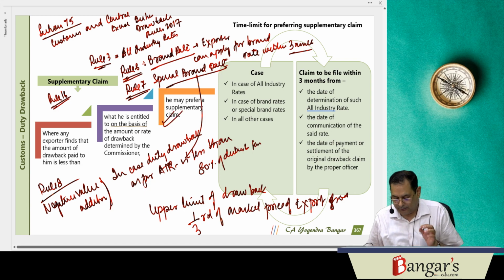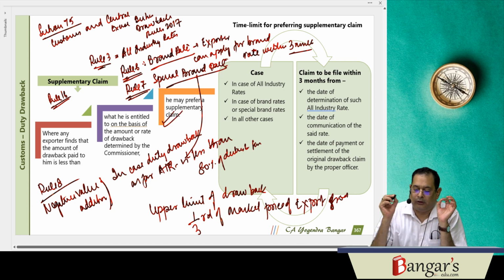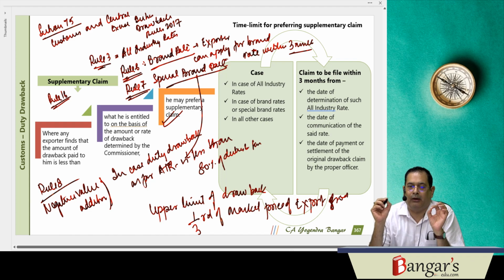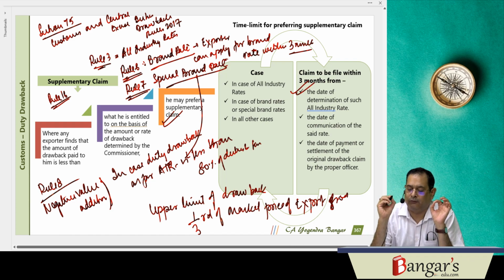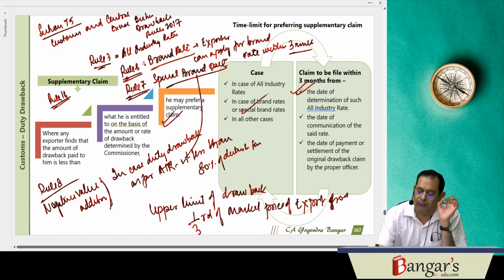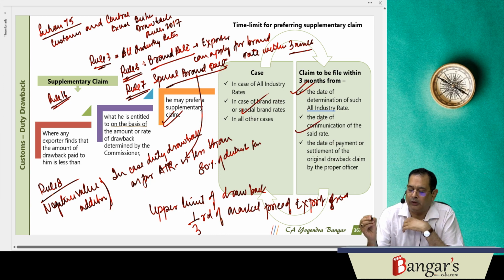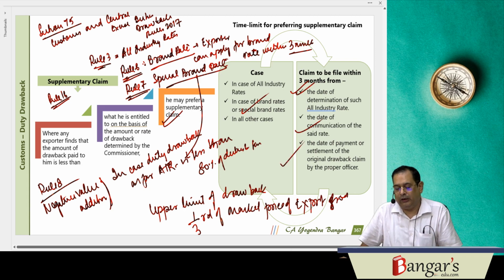What is the timeline for preferring the supplementary claim? In case of all industry rate, within a period of 3 months from the date of determination of all industry rate. In case of brand rate or special brand rate, from the date of communication of the rates. And in all other cases, within a period of 3 months from the date of the settlement of the original drawback claim.